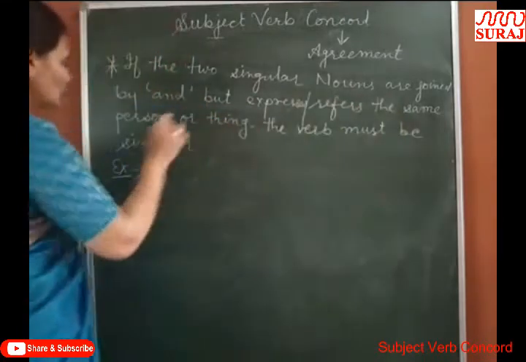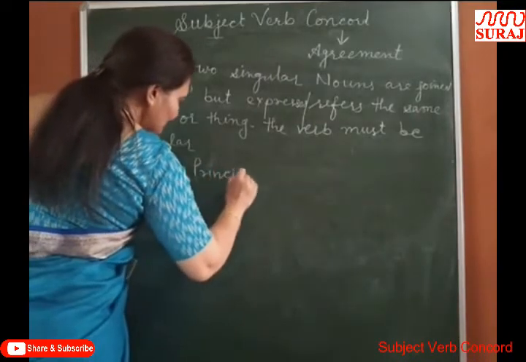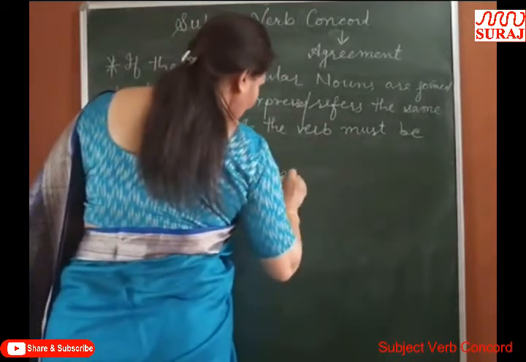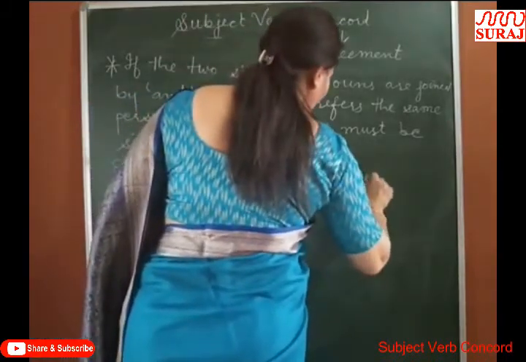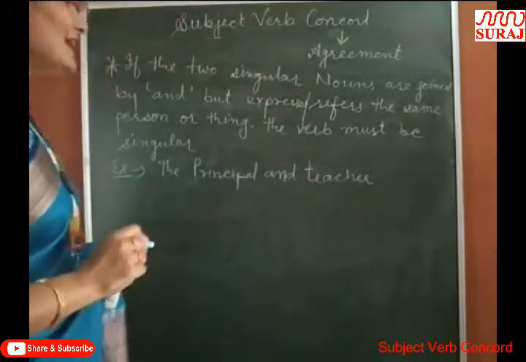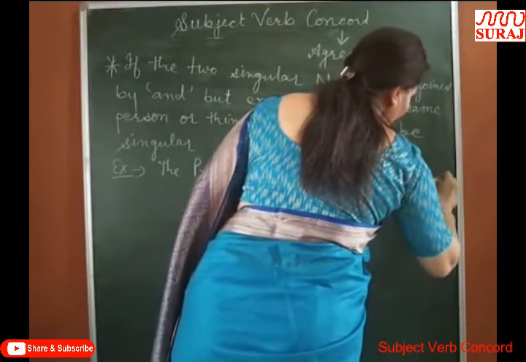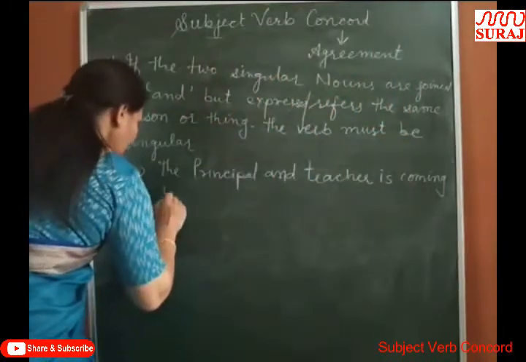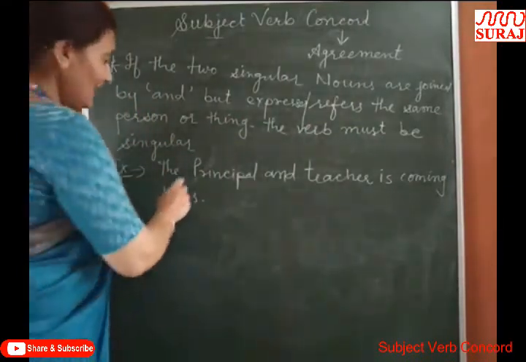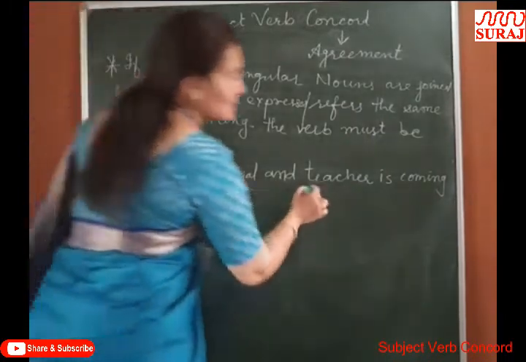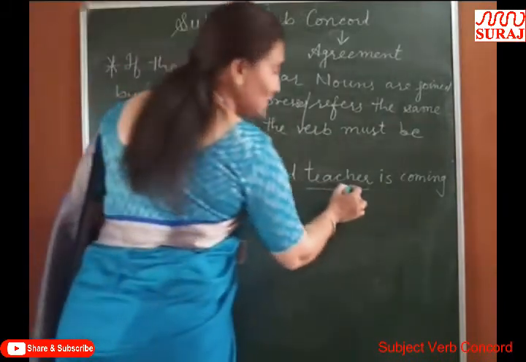Look here, I am giving you example. When two singular nouns are joined by and refer the same person or thing, means the principal and teacher, the principal and teacher is coming to us.